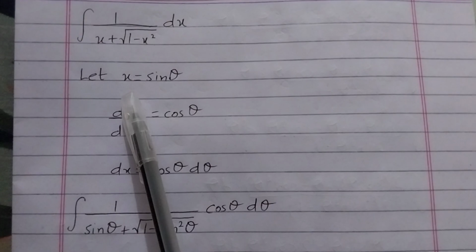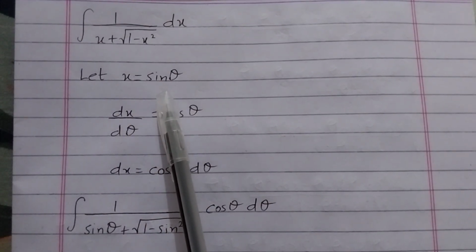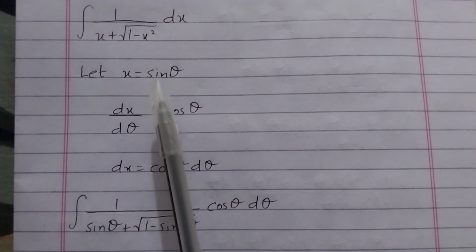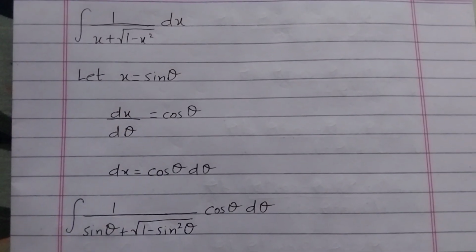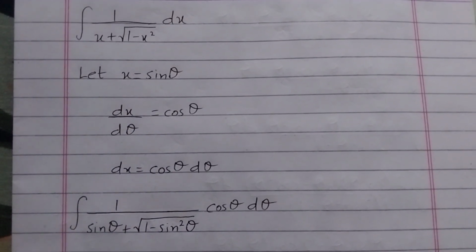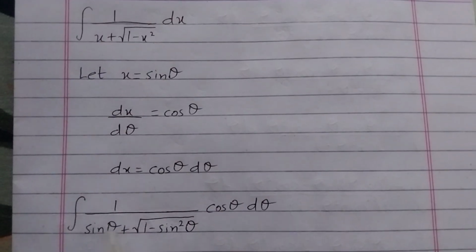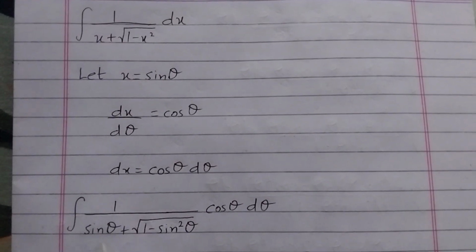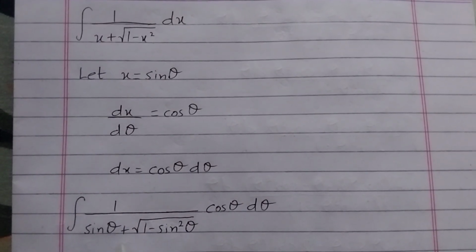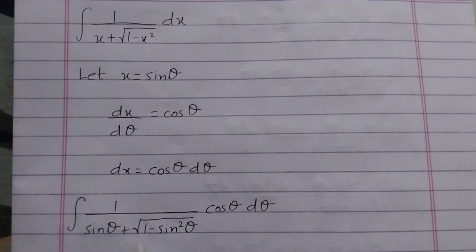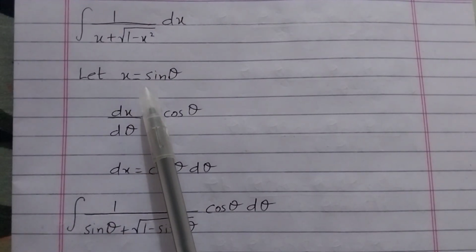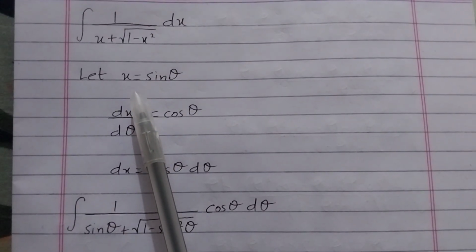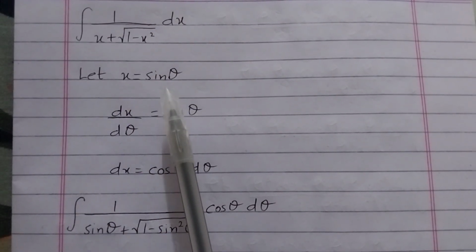We are calling sine theta as x. So this becomes the integral of 1 over sine theta, because x is sine theta, plus square root of 1 minus x square. For x square we need to square this equation, and we get x square is equal to sine square theta.